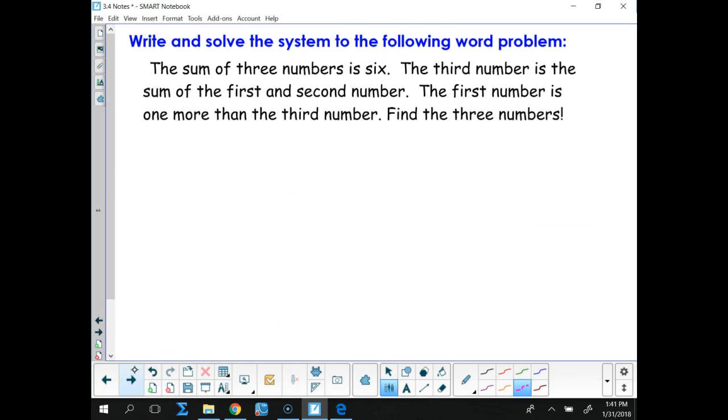Try it. So where should we start? Where should we start?